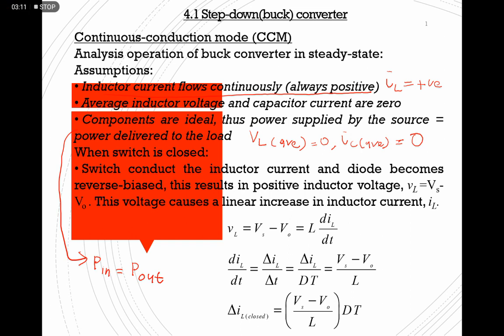These are the voltage analysis and the current analysis with regards to the first equivalent circuit, when your switch is on. Let me draw it so that you'll get more understanding on how to get all these equations.